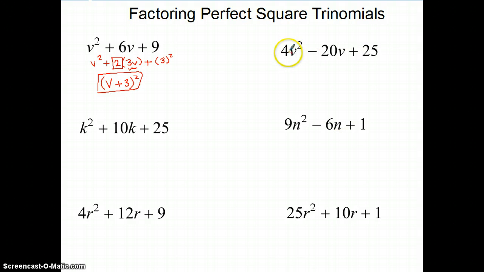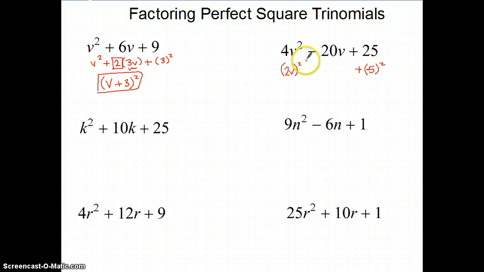To the right, this first term is a perfect square, so I'm going to write it as 2v all raised to the second power. And this last term you also should notice is a perfect square, so I'm going to write that as 5 raised to the second power. However, since this 20 in the middle is negative, I am going to make my base on my 5 negative as well.